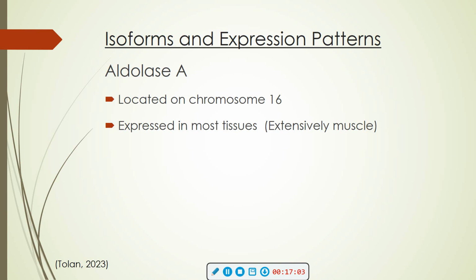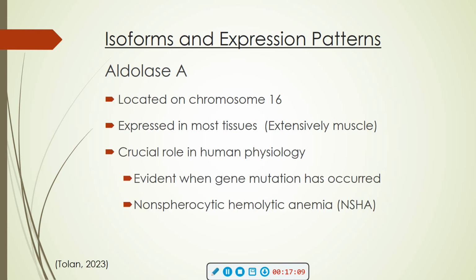The muscle is what it is known for. We know that it has a very crucial role in human physiology. Again, muscles require that energy, glucose, the sugar, the pyruvates that come out of those processes that I talked about.